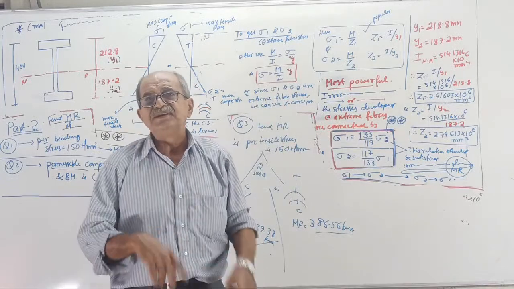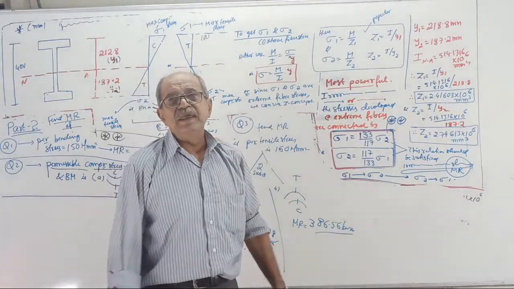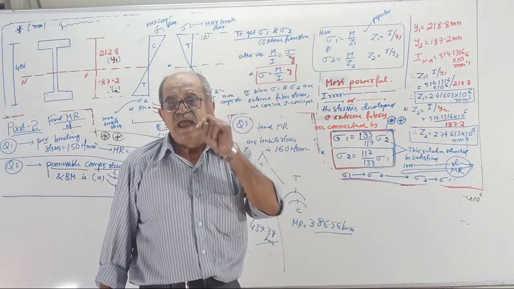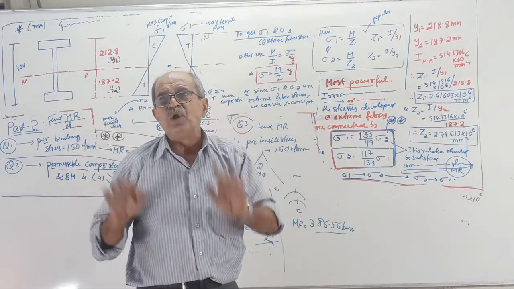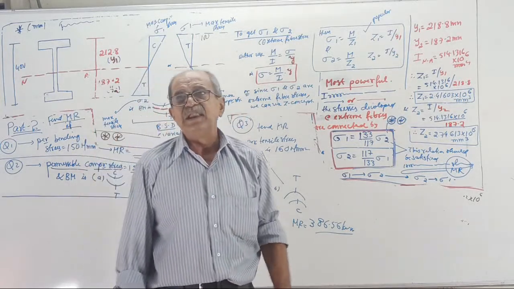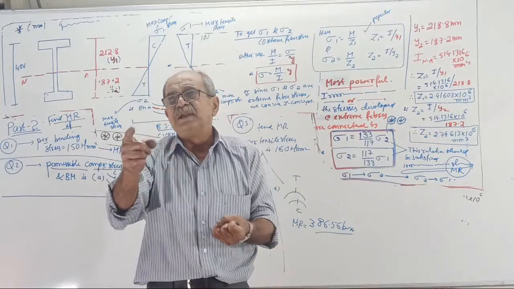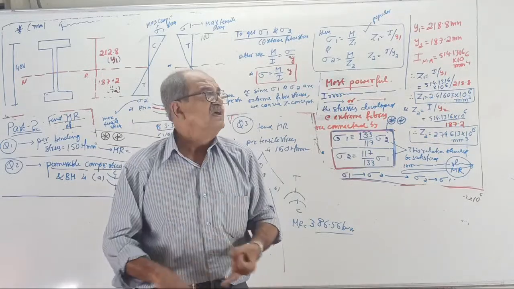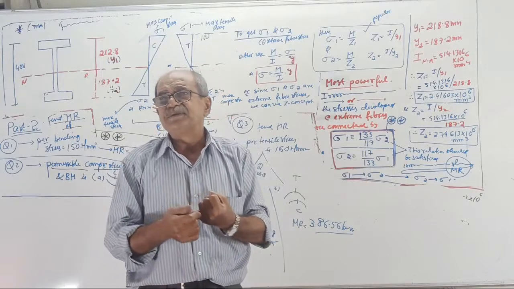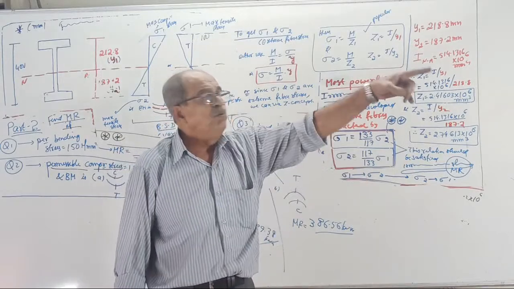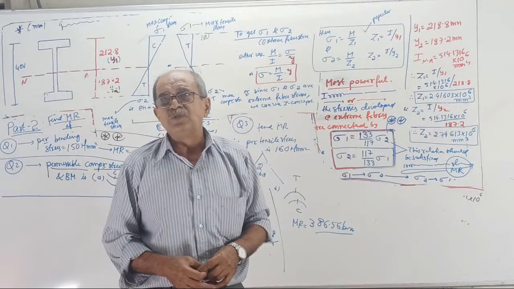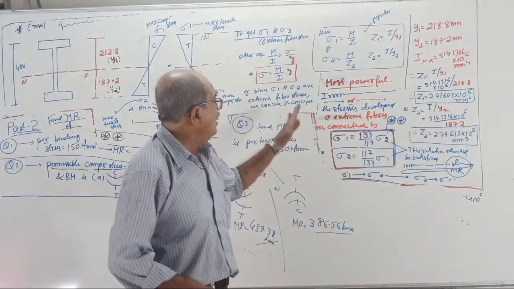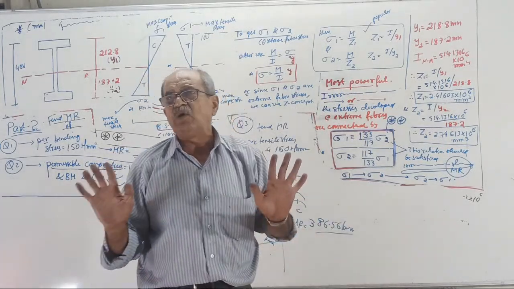Now coming up is the double limit. Actually for learning, the next question is the most important. Why? Because practically, in RCC, there is a limit for compression and a limit for tension. Steel, yes, a limit for compression and a limit for tension. Or any wooden beam, there is a limit for both. So far we solved the questions to understand the concept.